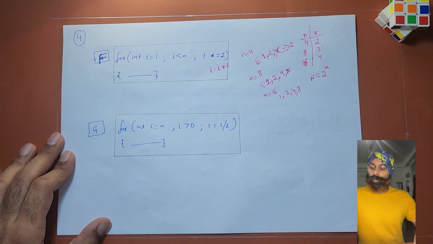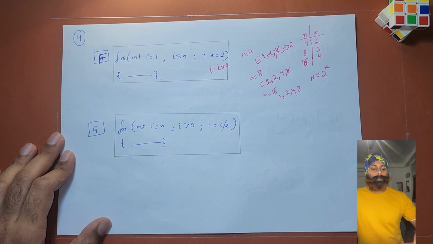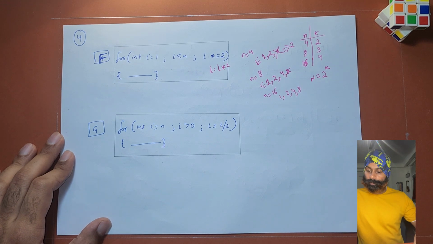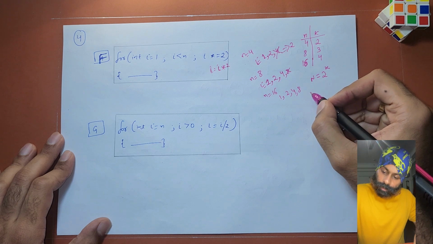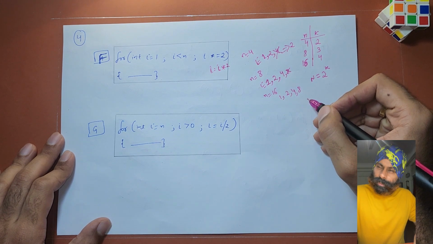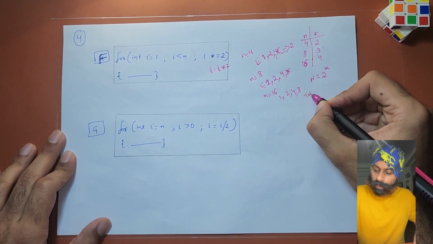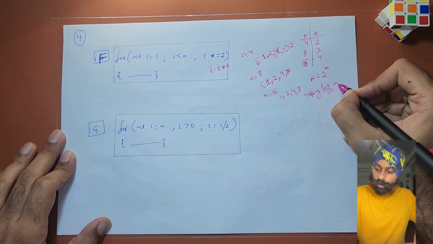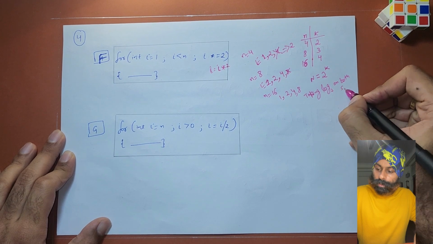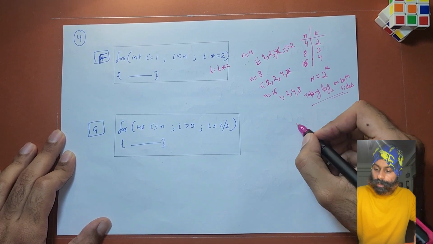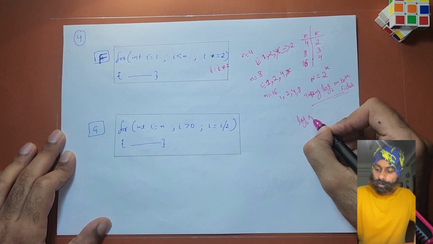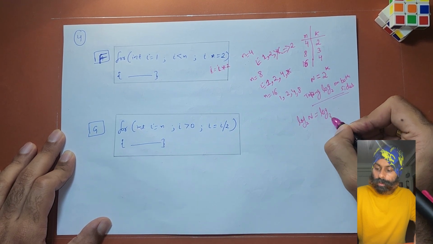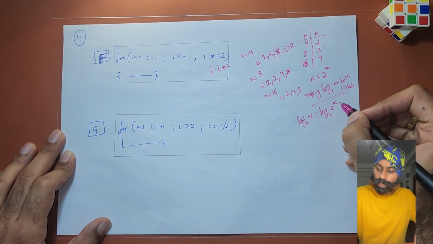तो यहाँ पे n is equal to 2 की power k हो गया, ठीक है? तो k क्या हुआ? If you remember your 9th class mathematics, taking log base 2 on both sides, it becomes log base 2 n is equal to log base 2 to the power k.